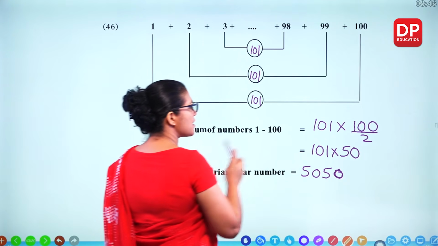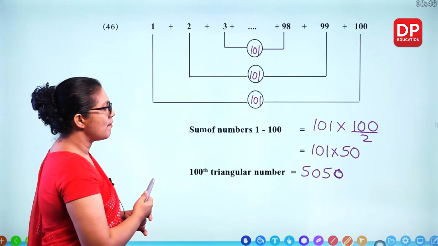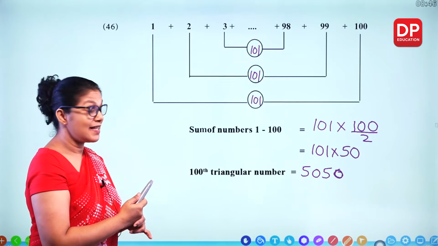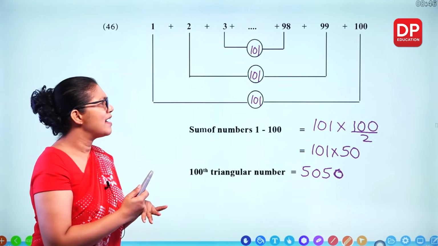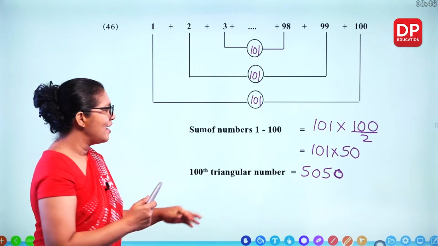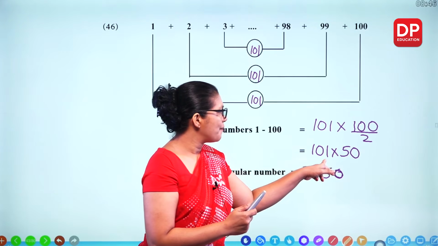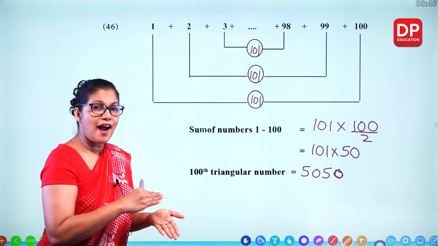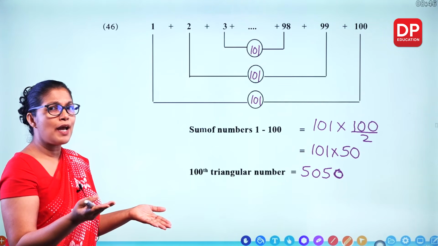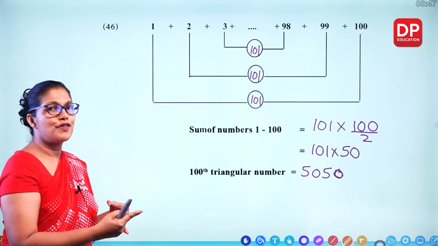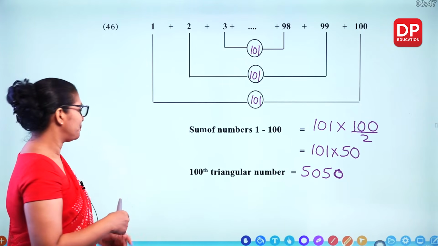So 50 times 101, you get 5050, the 100th triangular number. So you can find any triangular number by using this formula. If it's hundred, 100 into 101 divided by 2. 50th triangular number, 50 into 51 divided by 2.